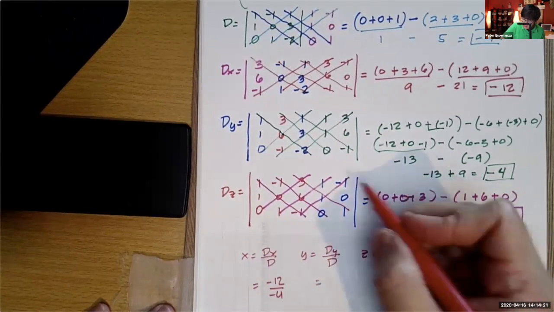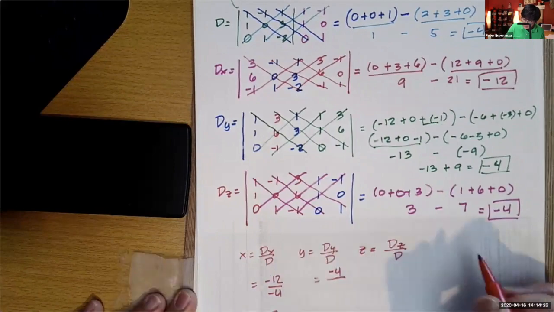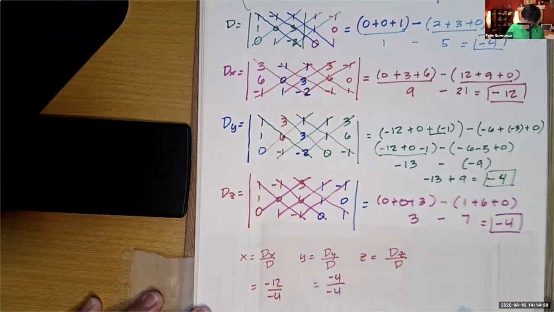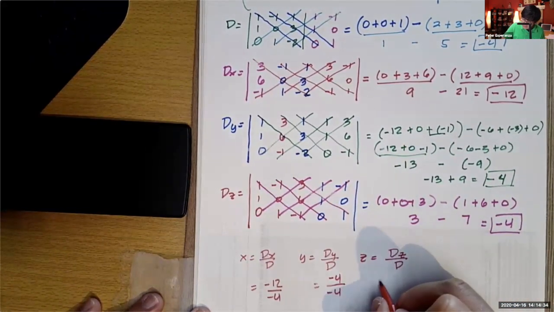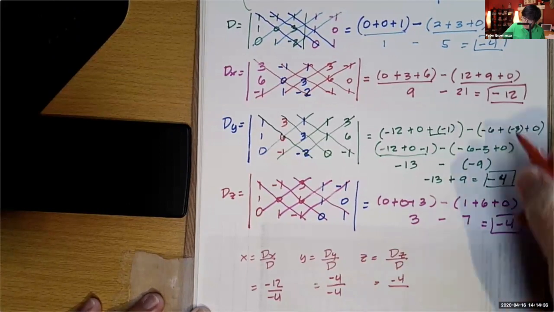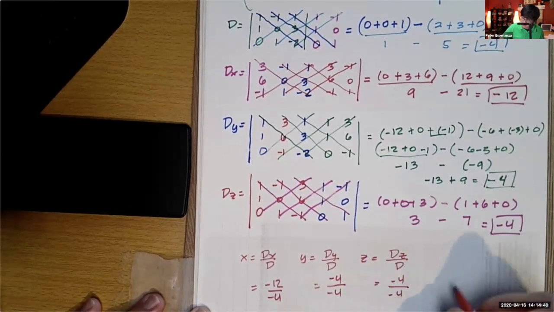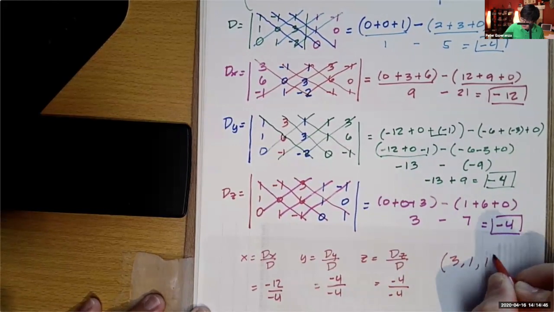Y is dy negative 4 over d, which is negative 4. So this is positive 1. And dz, negative 4 over negative 4, which is equal to 1. So the solution is 3, 1, 1.